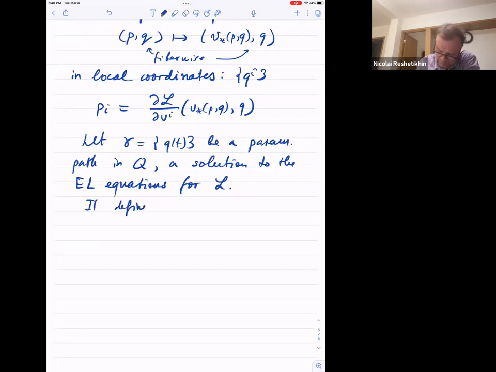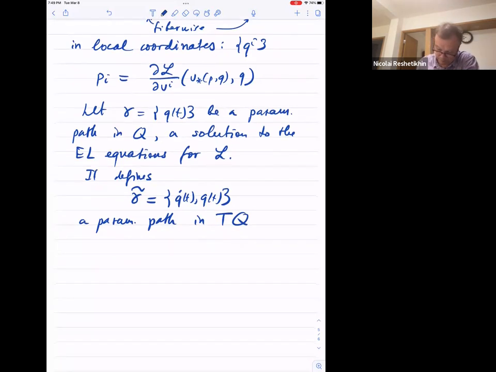It defines the path gamma tilde, which is simply q dot of t, q of t, a parameterized path in the tangent bundle.